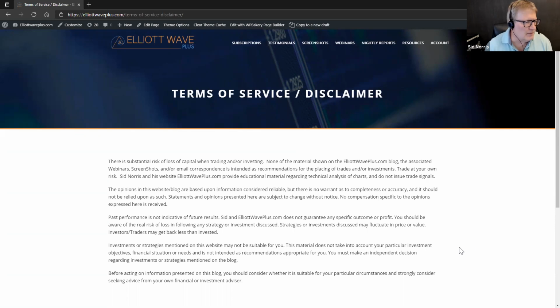So I can tell you we've been doing this service now for about 3 years, and I do re-optimize, re-backtest all of the settings on all of the approximately 20 items that we cover every quarter.